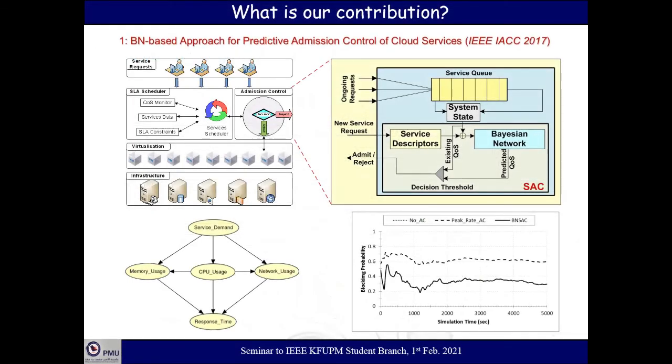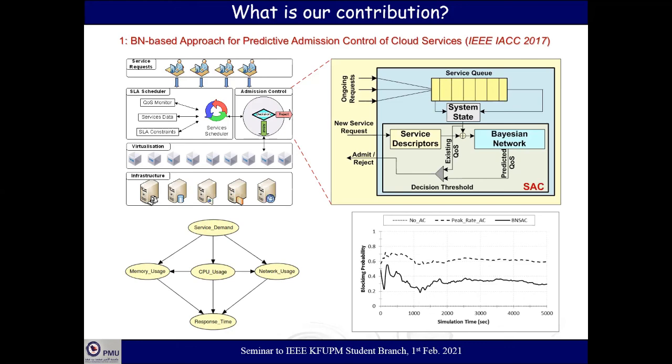So just 2 or 3 minutes and then I finish. We are doing research in terms of cloud services, on how we can provide better quality of service by doing admission control using machine learning.